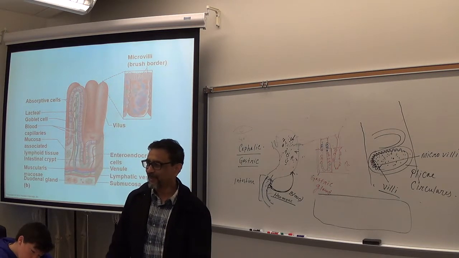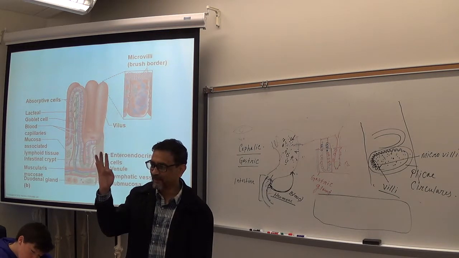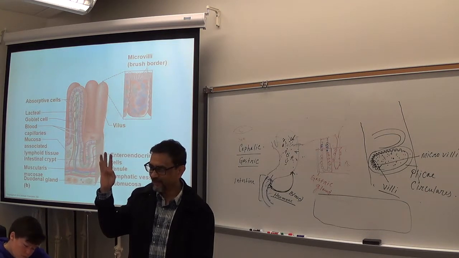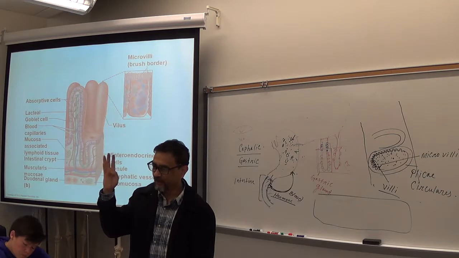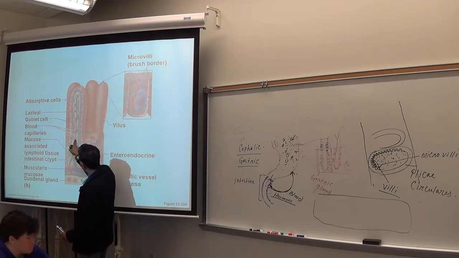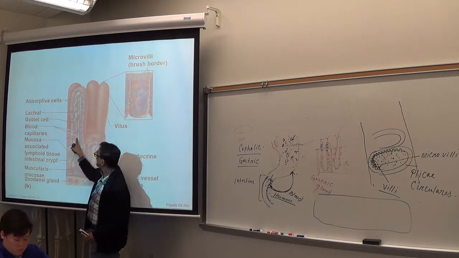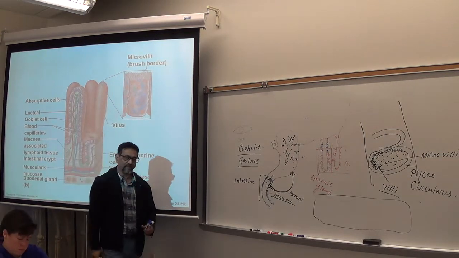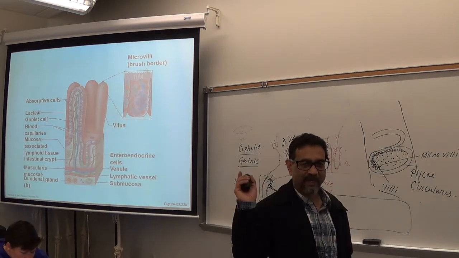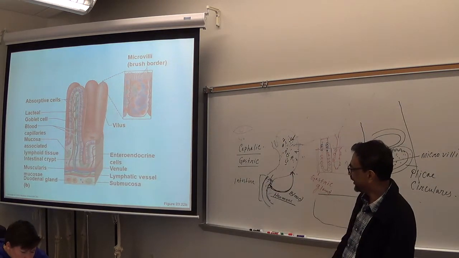So lymphatic capillaries are not anastomosis, right? No anastomosis, dead-ended, blind-ended, right? No anastomosis, no network. So you see, this green one is the lymphatic capillary. Make sense? No anastomosis. And blood capillary is also there.